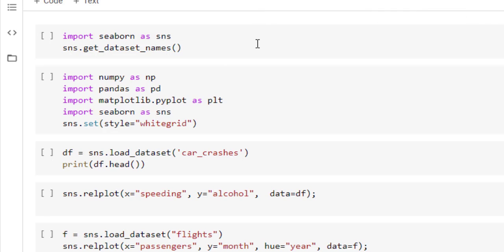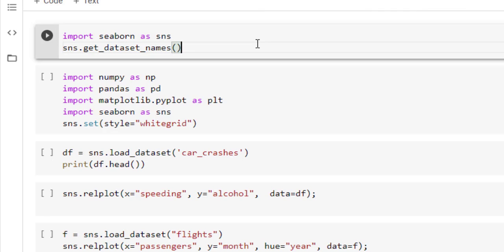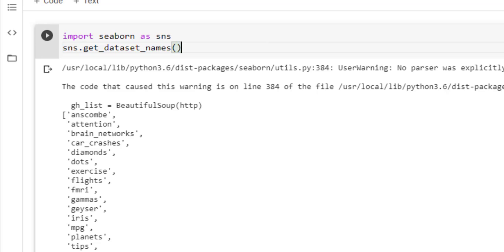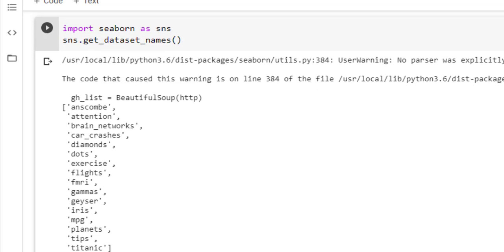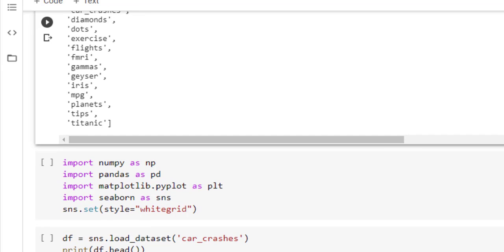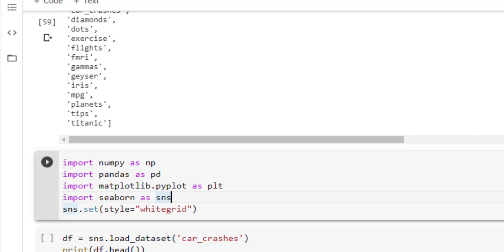Now moving on to our next visualization technique called Seaborn. We import it as sns. Seaborn has some inbuilt datasets with it. When we run the kernel, we see that it has different datasets like fmri, car crashes, brain networks, Titanic, tips, planets, geyser, etc. Yet again importing different libraries, NumPy, Pandas and Matplotlib.